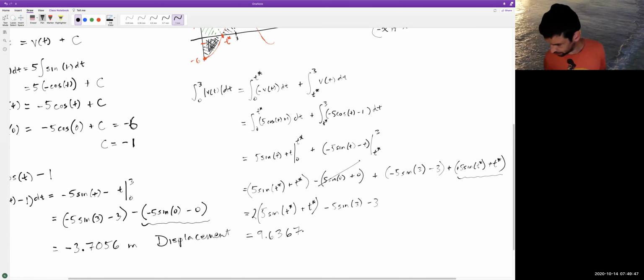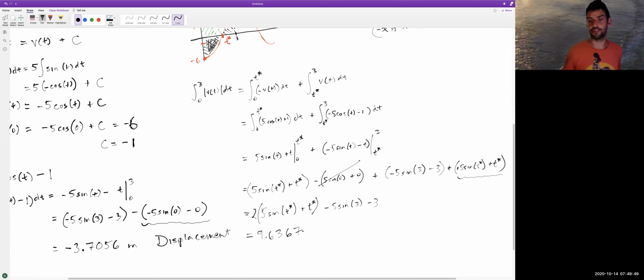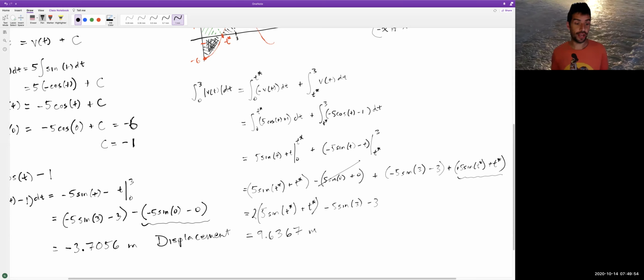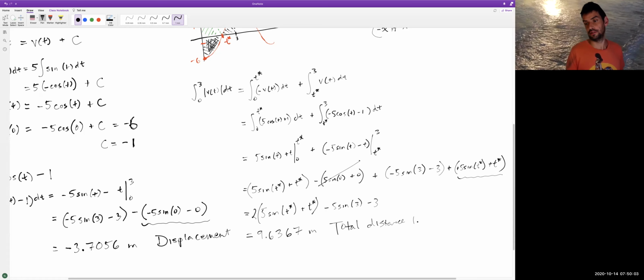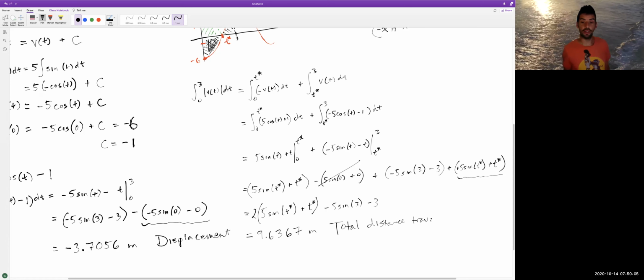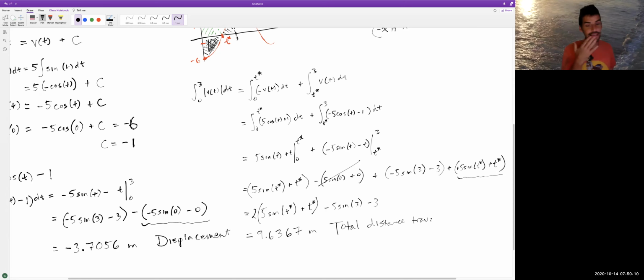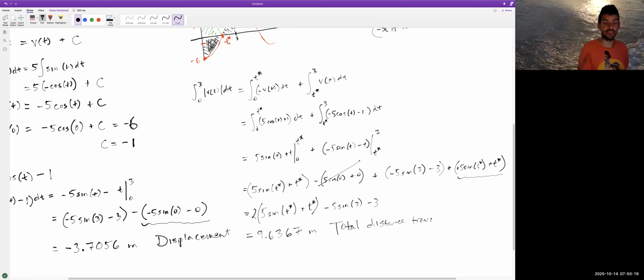Sorry about that. I thought I wrote it down, but it looks like I just stopped at this expression. Okay, so this would be meters again. So notice how different that is than the displacement. What that tells me is that if we eyeball these numbers here, we must have moved almost twice as far in the negative direction as where we ended up, and then moved back.